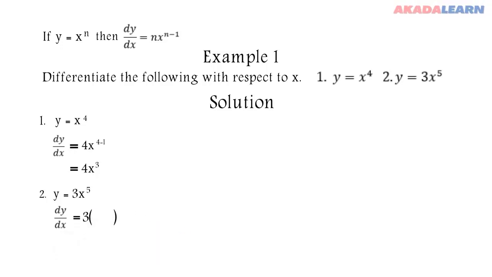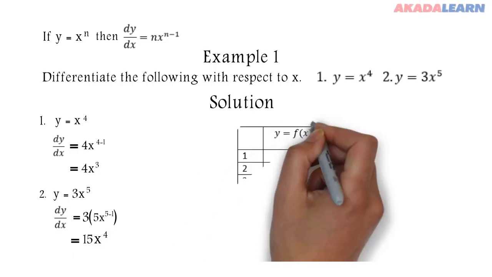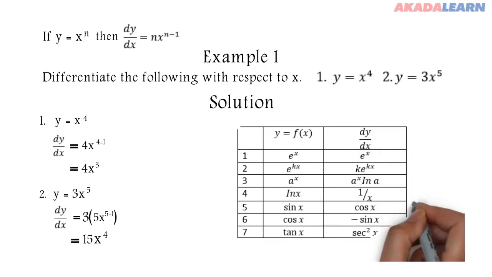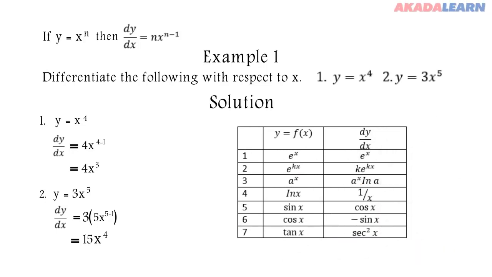So 5 will multiply x and we subtract 1 from 5. So when we simplify further, 3 times 5 is 15. And when we subtract 1 from 5, we have 4. Okay, you can see that this formula is faster to differentiating a function. So we have some standard functions here with their derivative. You can look up others in your textbook.